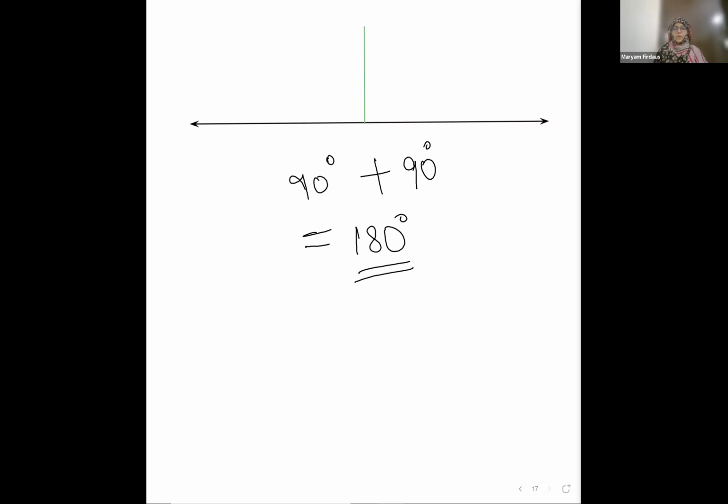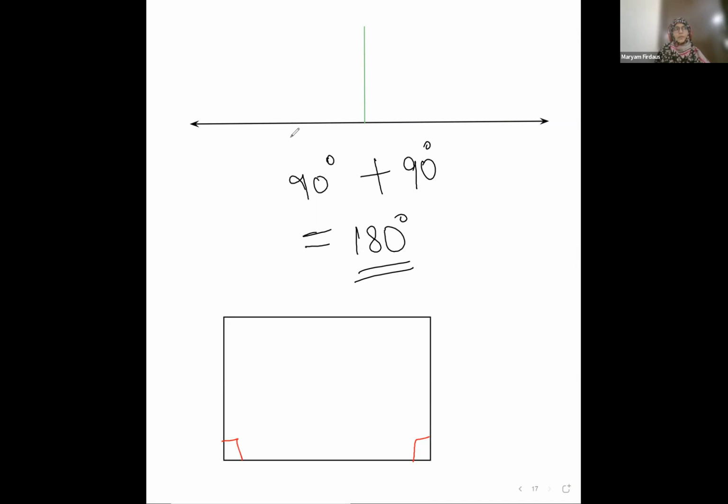Okay. Now let's take a look at this. So Hiba, let's say you have a rectangle over here. This is one angle and this is one angle. Now I'm giving you a few more examples.